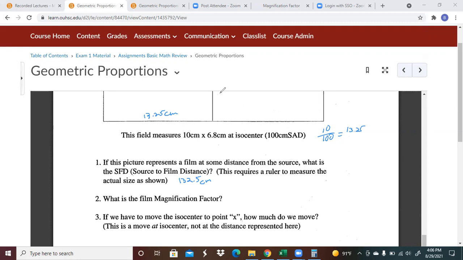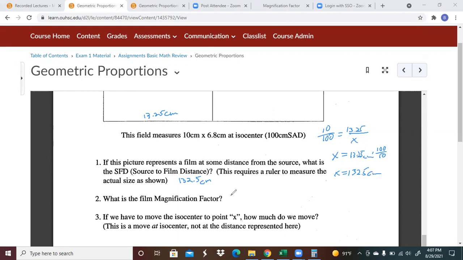In this particular case, all we're going to do is go from here to here. So we're going to take that and it's going to become 13.25 times 110. So as it turns out, X becomes 132.5 cm.